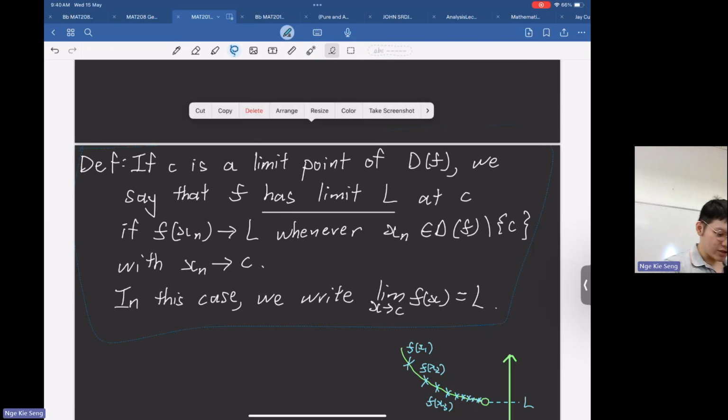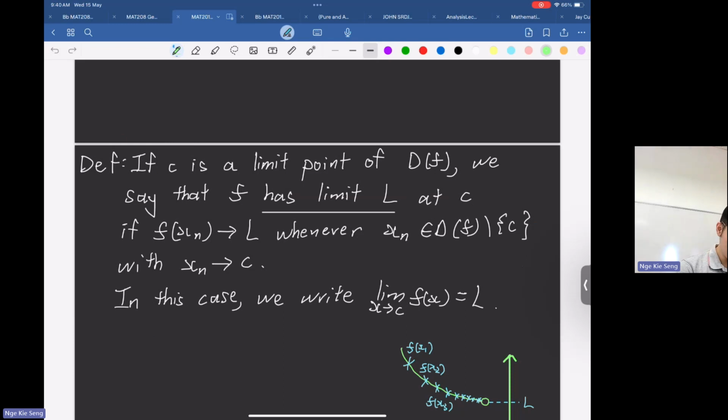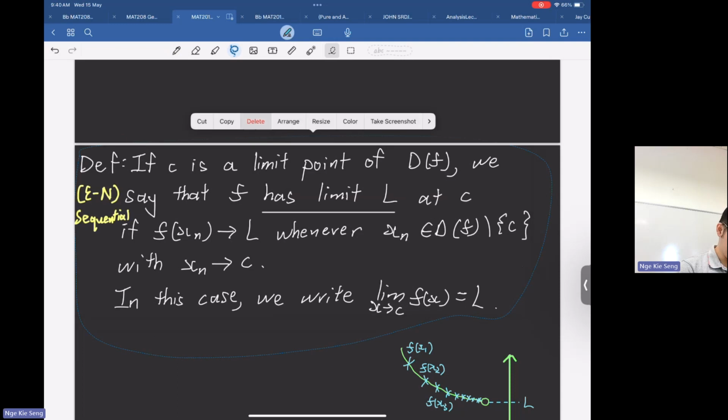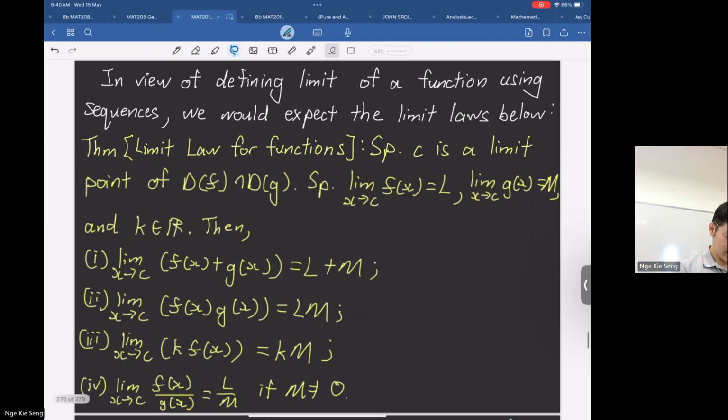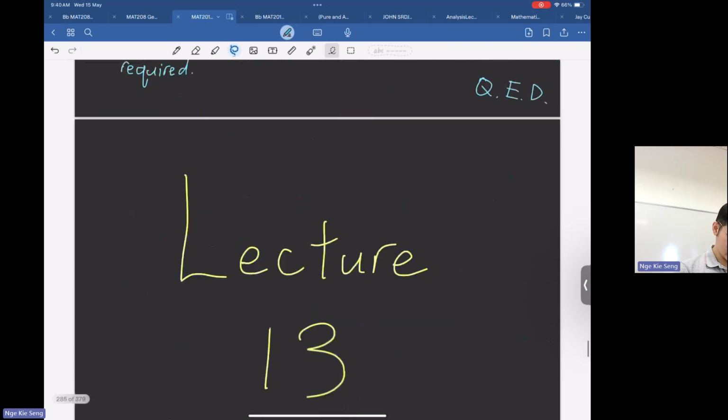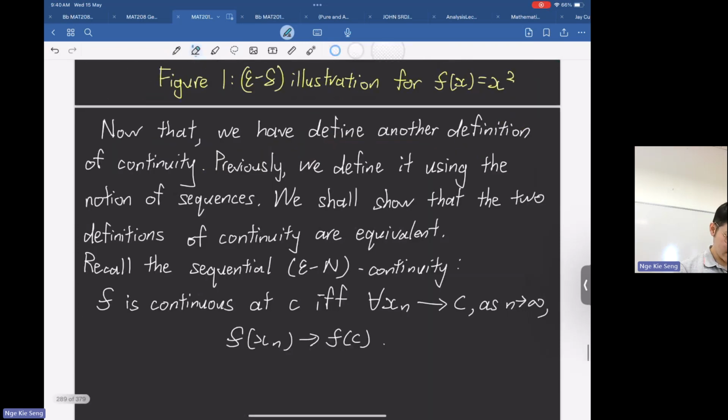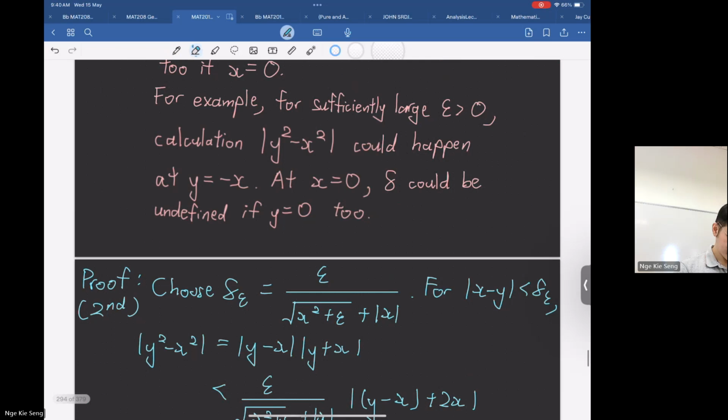This is the definition that I always quote as the epsilon n definition, which is the sequential definition, because we use sequence to define it. And this is equivalent to the epsilon delta definition. I can't stress enough the equivalence between these two.